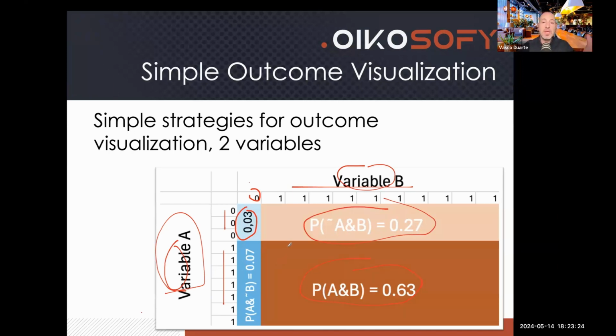And what this basically means is this is a very easy way to visualize that the most likely outcome is when A is 1 and B is 1 because the area here is bigger, right? This is a very simple strategy to visualize two variables so that we can show, hey, if A and B happen, this is the most likely outcome. There's a probability of 63% that will happen, but there's still a 3% probability that not even A nor B will happen, right?